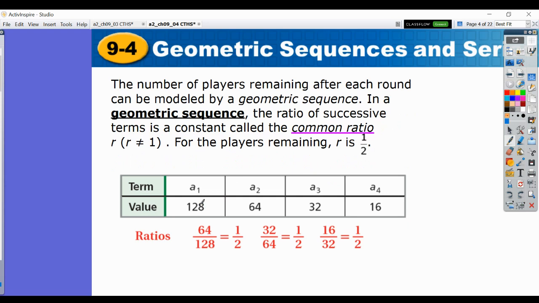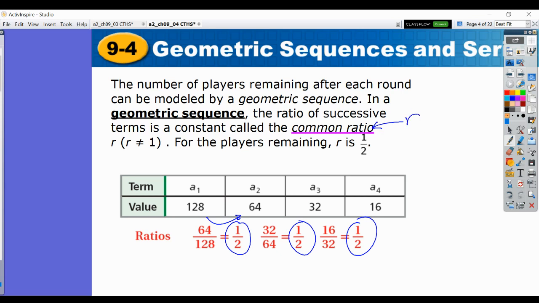So we started out with 128 for the first round, and then half of them won and half of them lost. So half of them continued on. There were 64 in the next round and 32 and 16 and so on. So since each time we are multiplying by half or dividing by 2, we can call that a ratio of 1/2. So our common ratio is 1/2.